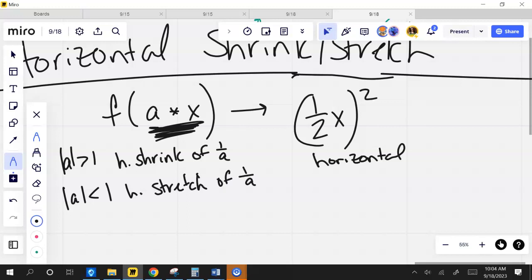Again, I have to flip that A over because it wouldn't make sense if I look at this example and say it's a horizontal stretch of 1/2. So we say it's a horizontal stretch of 2. You flip it. Reciprocal, right.